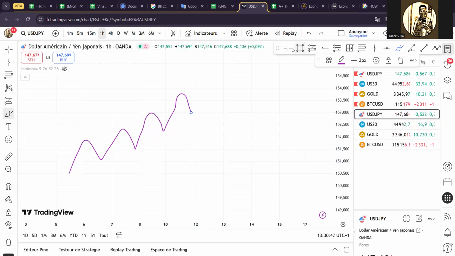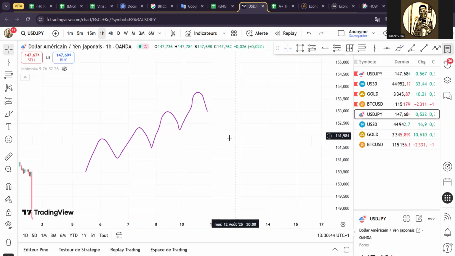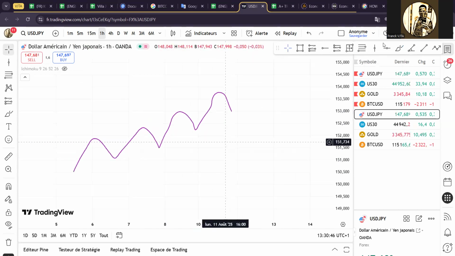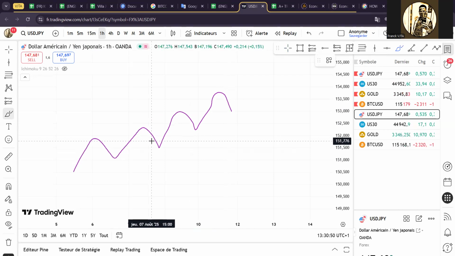What you need to realize about all of this is that this movement is the normal movement logic of the price.